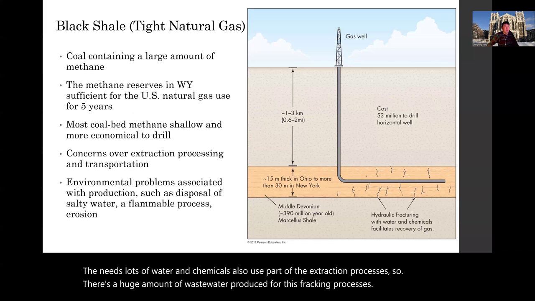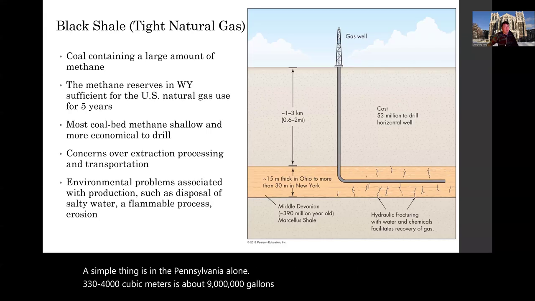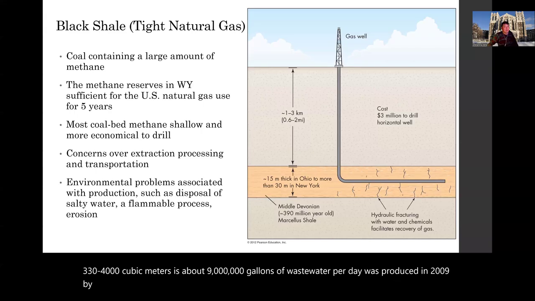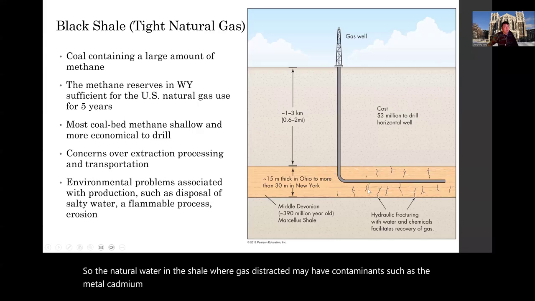For example, in Pennsylvania alone, 34,000 cubic meters, which is about 9 million gallons, of wastewater per day was produced in 2009 by gas wells. So the natural water in the shale where gas is extracted may have contaminants such as metals, cadmium, benzene, and methane.